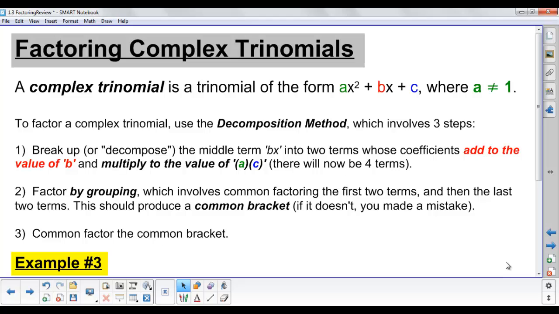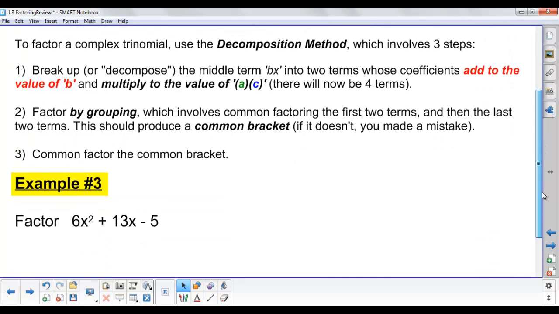The first thing we're going to do is find two values that multiply, this time not to just c, but to whatever a and c multiply to. Those two numbers will multiply to ac, and they will also add to b. Later on, we're going to do some factor by grouping and common factoring. So let's work this out.